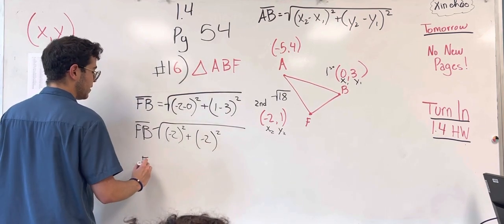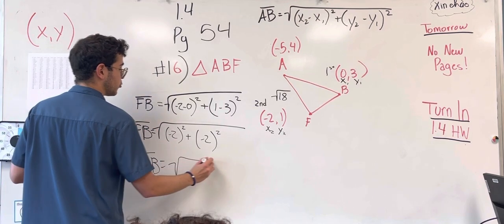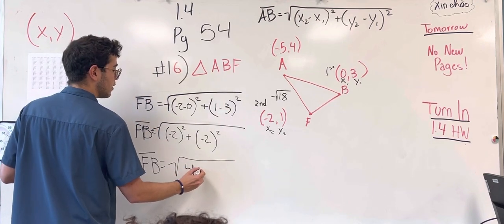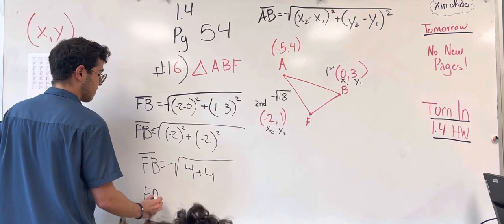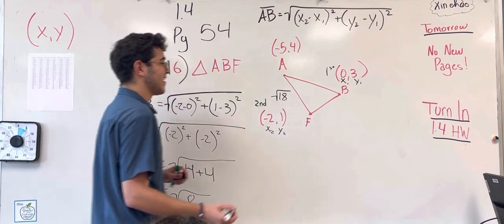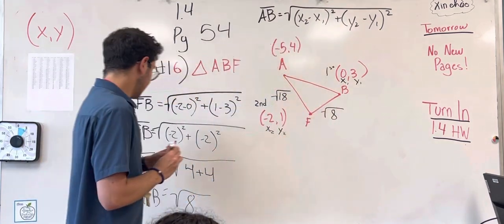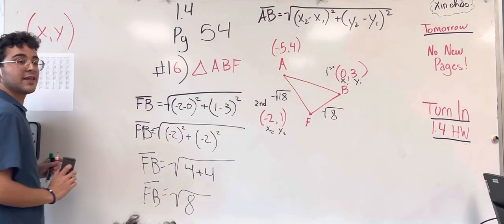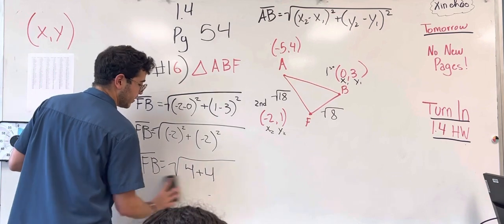So FB is equal to the square root of 4 plus 4, or the square root of 8. And that is the second one.